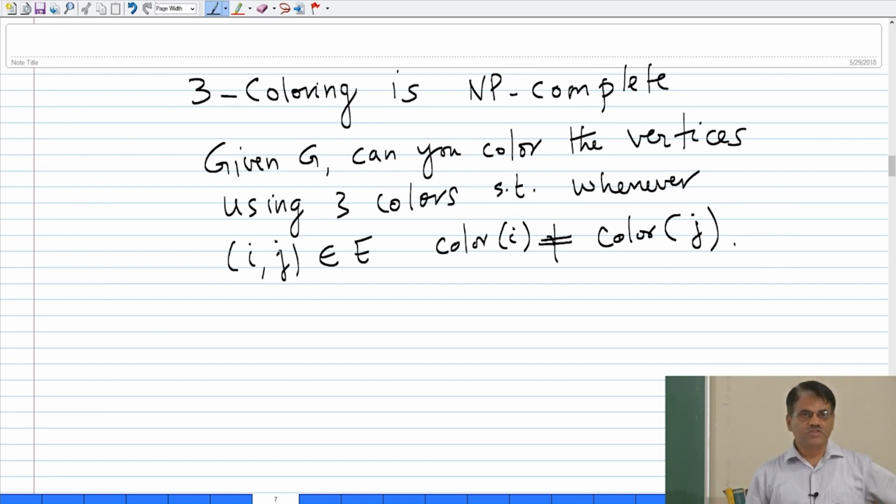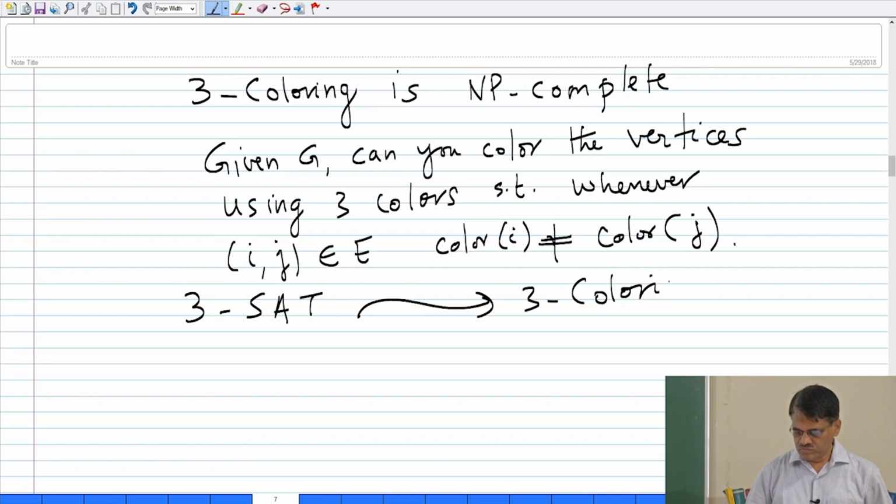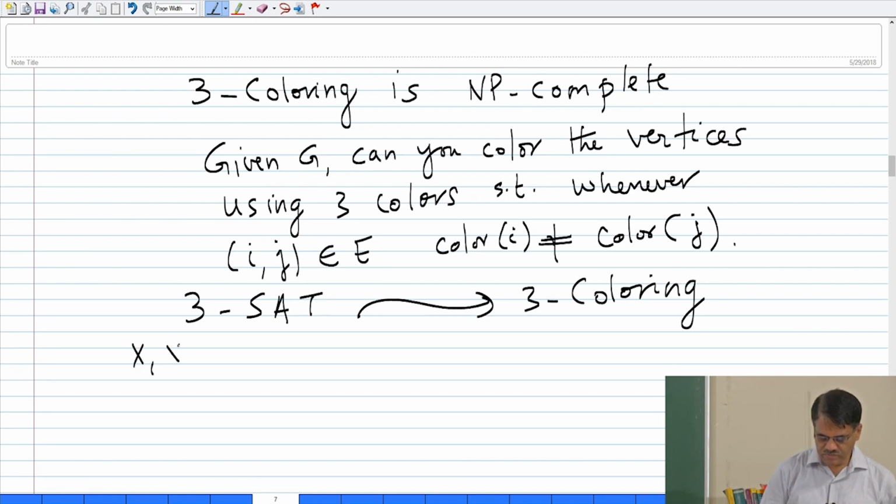Okay, and my reduction. So how do I show it's NP hard? I have to pick a known NP hard problem and reduce it in polynomial time to my graph coloring problem. And the problem I'm going to choose is again 3 SAT. So the input here is some variables and some clauses.